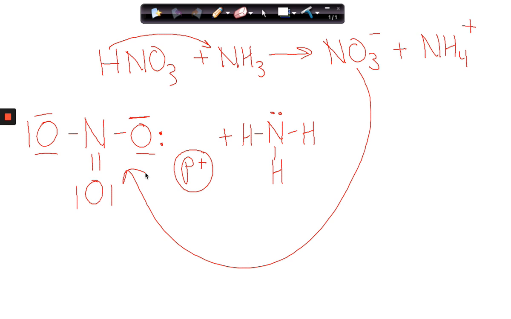But where does the proton go? And this is where this gets kind of weird, because guys, this is just a proton. It's a hydrogen nucleus. It is a little bundle of positive charge. So that proton is looking for something to be attracted to. Well, guess what it's attracted to? Those two unbonded electrons on the nitrogen.